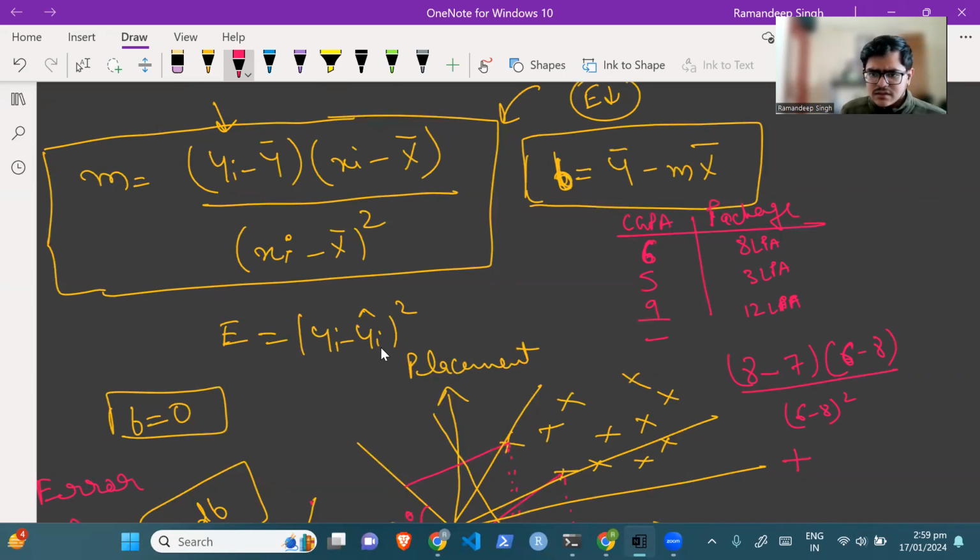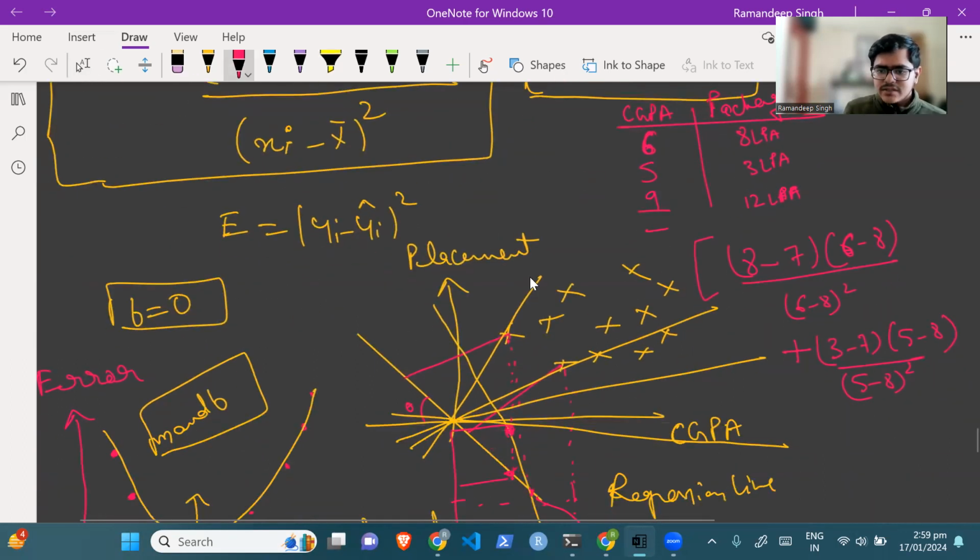Plus for the second, (3 minus 7) into (5 minus 8) upon (5 minus 8) whole square, plus yi, that is 12, minus y mean, that is 7, multiplied by (9 minus the mean of this column), whole divided by (xi minus x bar) whole square.